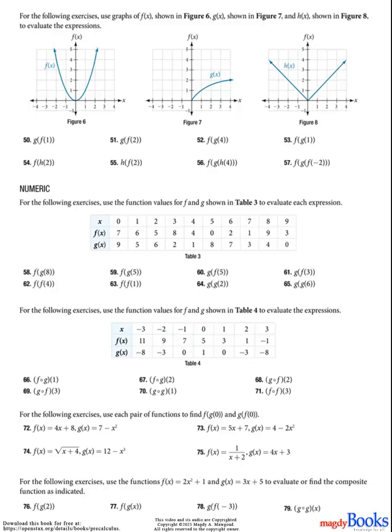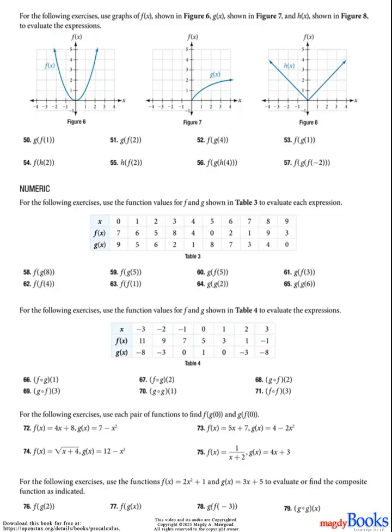D. Numeric. For the following exercises, use the function values for f and g, shown in Table 3, to evaluate each expression. Table 3. For x equals 0, f of x is 7, and g of x is 9.